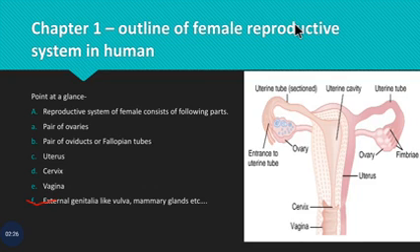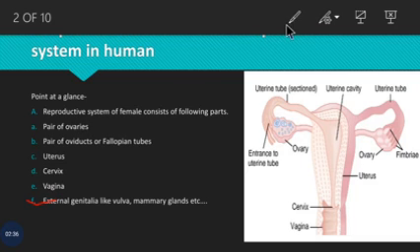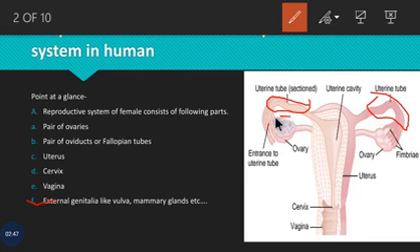Now here in this diagram we can see that there is a pair of ovaries, right? Here are the fallopian tubes, this one and this one, and here are the ovaries, this one and this one.